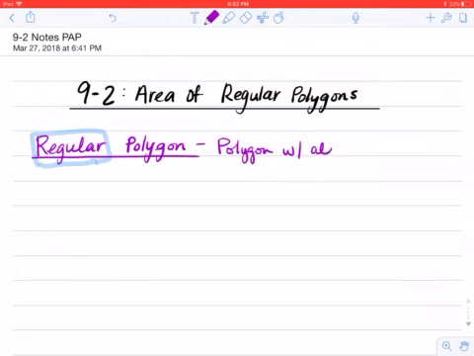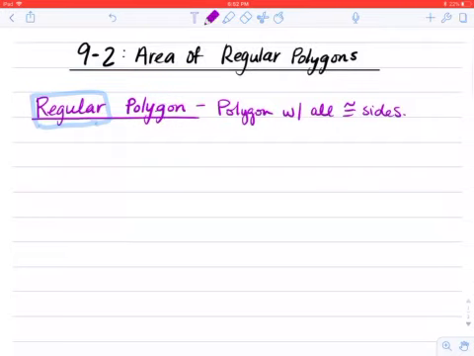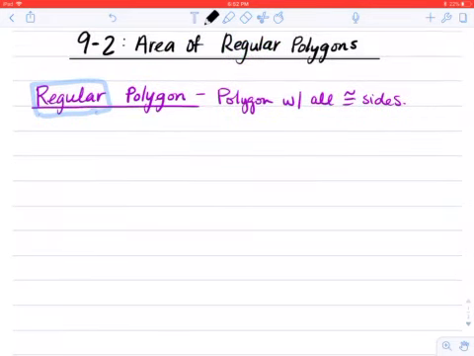So it's a polygon with all congruent sides, which also means all the angles are congruent. Okay? Just like with our other shapes, there's a formula to find the area of regular polygons. However, before we do that, we're going to look at other ways to find the area, just so you can have a background idea of how to do that, okay?